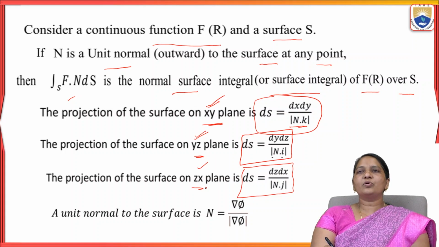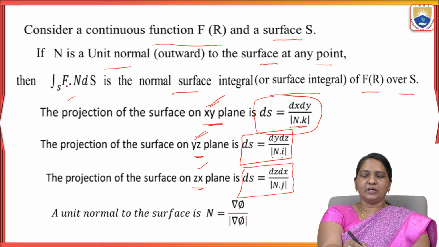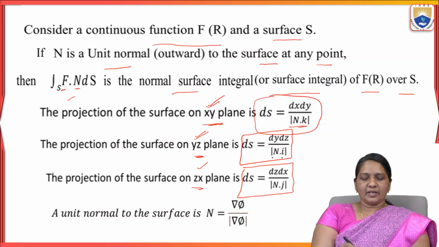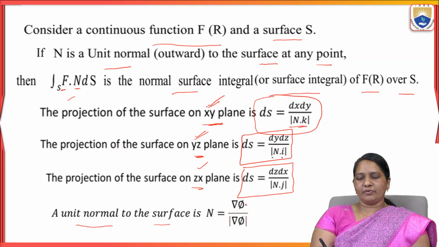One more value we need to know to evaluate the integral is n. N is the unit normal to the surface, that is, capital N equals del phi by modulus of del phi. We can write the capital N as small n cap also; both are the same.